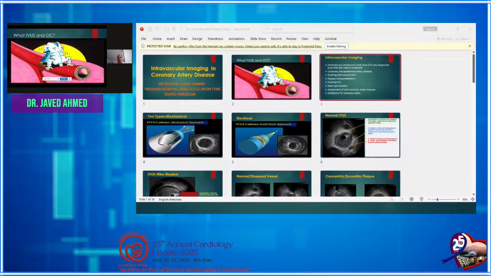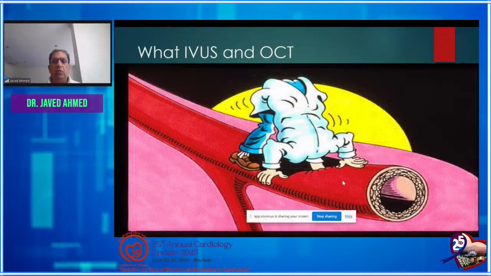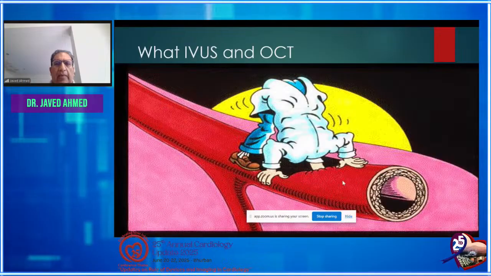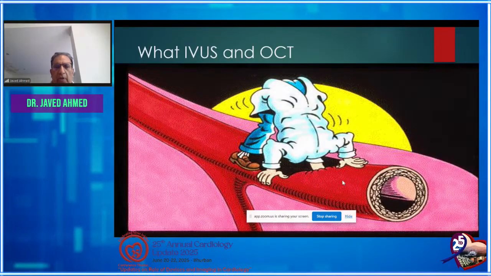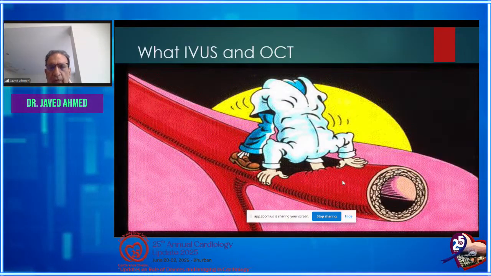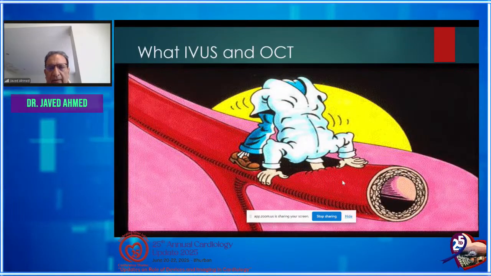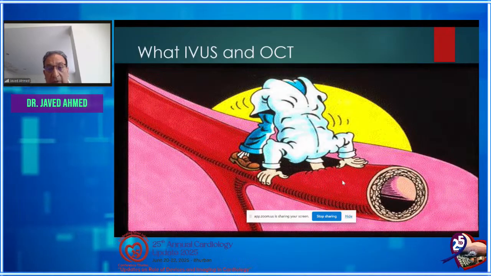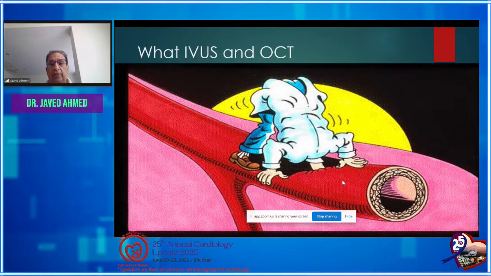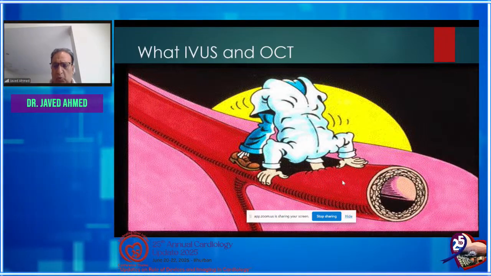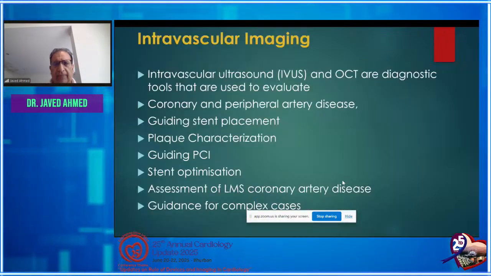Intravascular ultrasound and the newer imaging modalities such as OCT are extremely useful in guiding intervention and also for assessment of coronary atherosclerosis. Basically, these are techniques where you look inside the coronary or peripheral arteries, where no other technique would enable you to look inside.